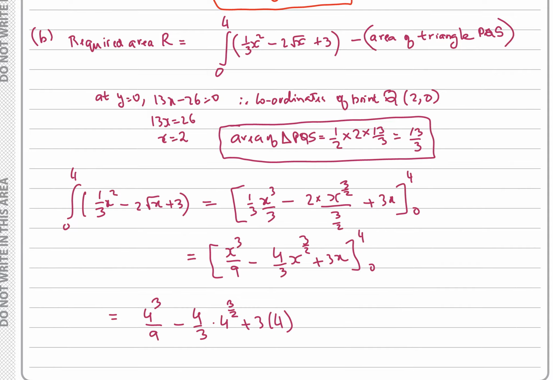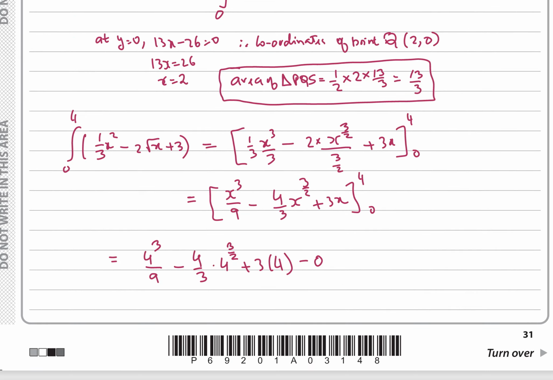Minus 0, since all of the terms are 0 because they all have x. So this is equal to 64 over 9 minus 4 over 3 times 2 to the power 3, that's 8, plus 12.